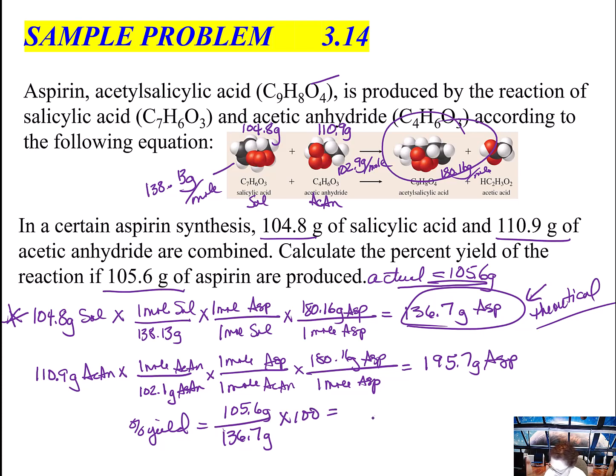And when I calculate that, it's 77.2% yield. And this is one that we have done in the lab before, and if you get 77%, you're doing pretty good. It's a kind of difficult synthesis to do, and it takes multiple lab periods, but anyway, 77.2% is what we got based on the theoretical yield due to the limiting reactant of salicylic acid.